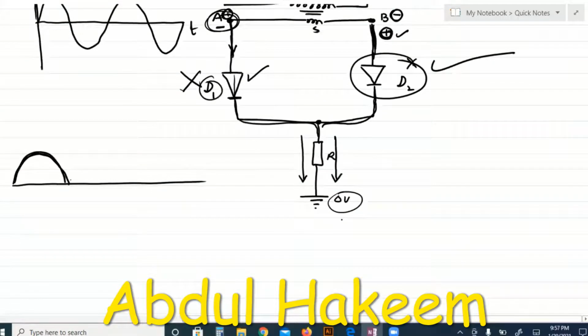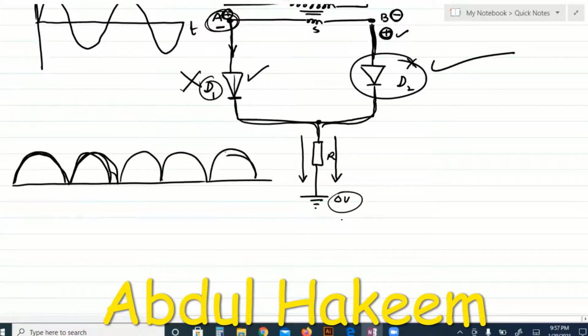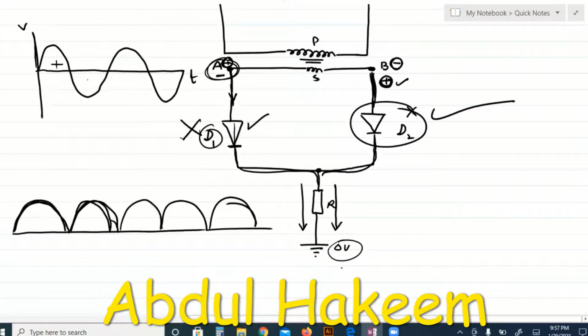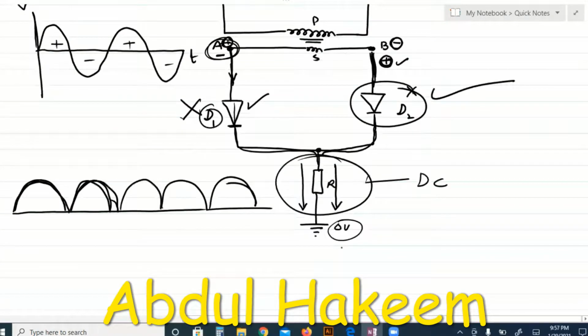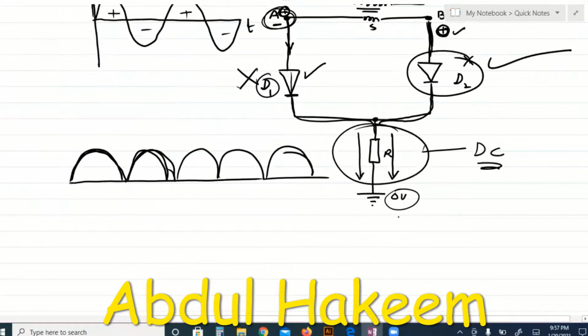It means for the next interval, the direction of the current is the same. Look, this is full wave rectification. For both cycles, positive and negative, the current through the resistor is in one direction. So alternating current is converted into direct current.